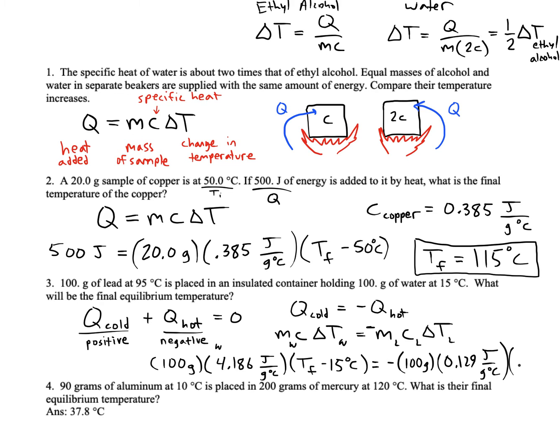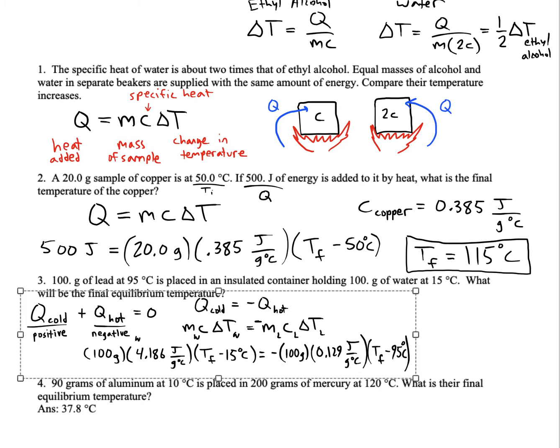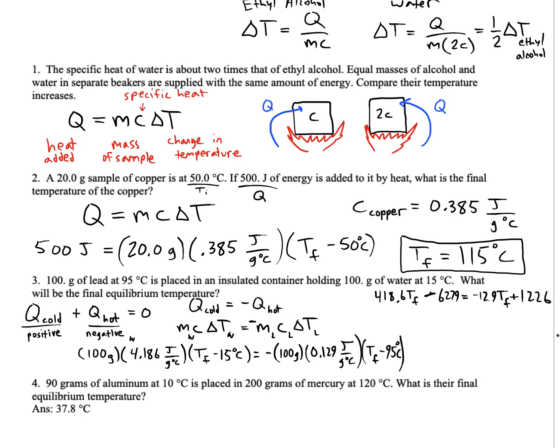And then we'll do T final, because they're going to reach an equilibrium temperature, but this one started off at 95 Celsius. It takes a little bit of algebra to solve it. I get 7505 on the one side and 431.5 T_F on the other side.